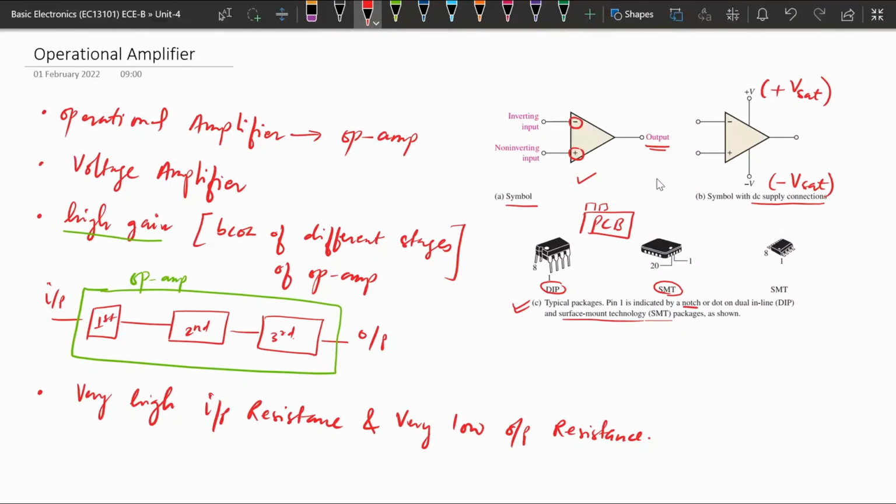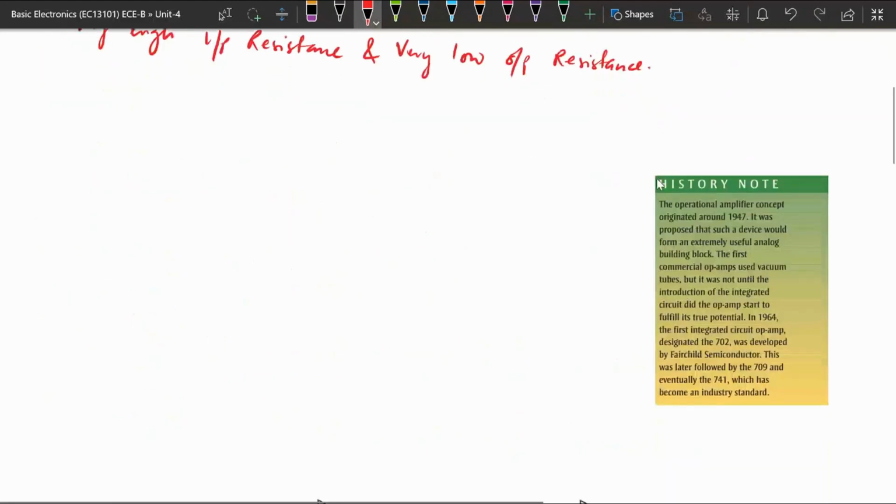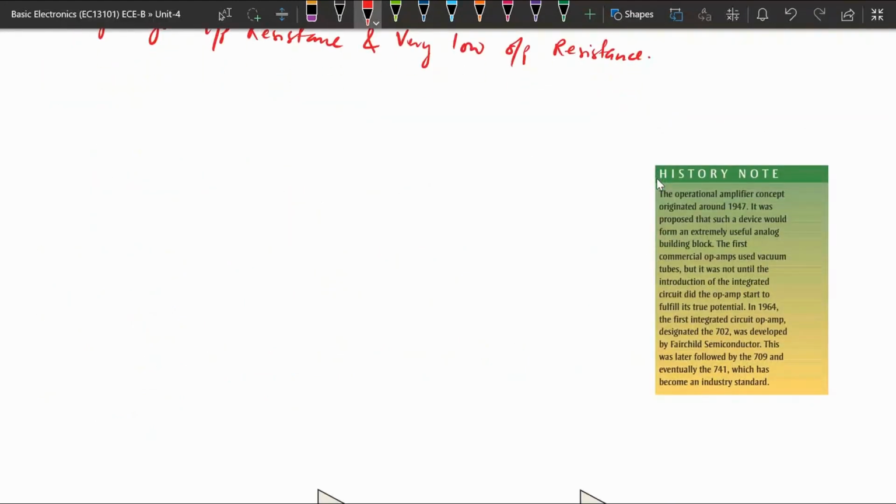And these operational amplifiers, some history notes. The study of operational amplifiers started around 1947, that is when the concept of operational amplifiers was coined. But later, in 1964, the first integrated circuit, IC, of an operational amplifier was designed, that is IC 702, and later 709, and most frequently IC 741.